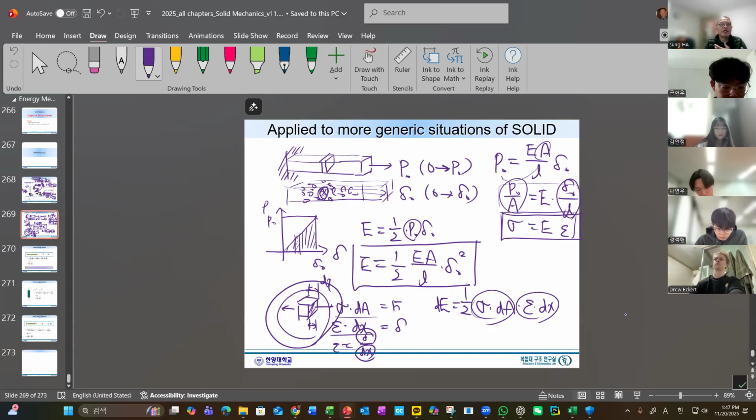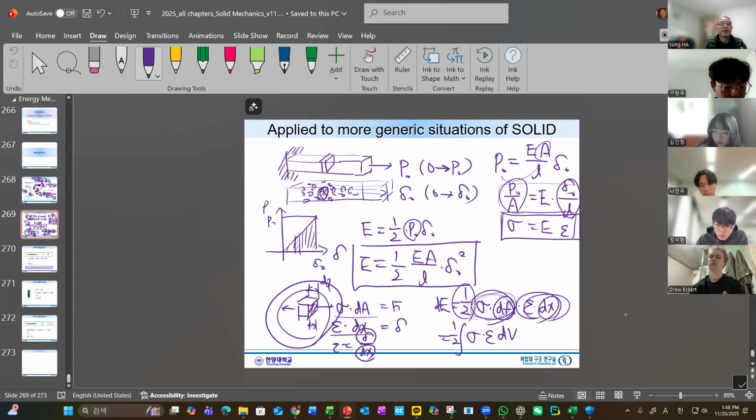And again, to reach this level of stress and this much deformation, the stress starts from zero to this level. So we need to apply the half, right? So we can say half sigma epsilon dA dx. What is that? dA dx is the volume.